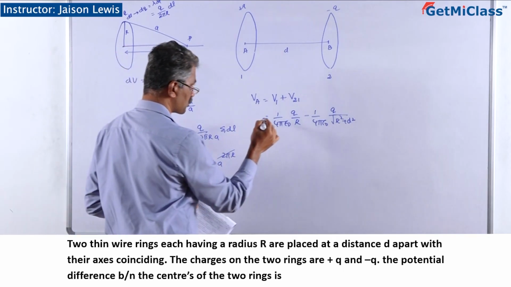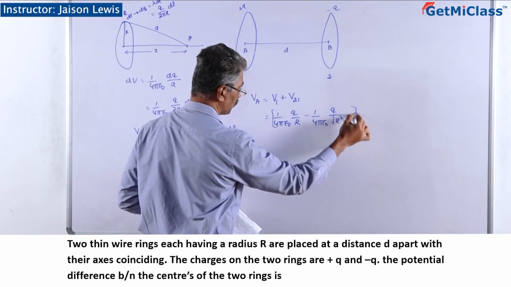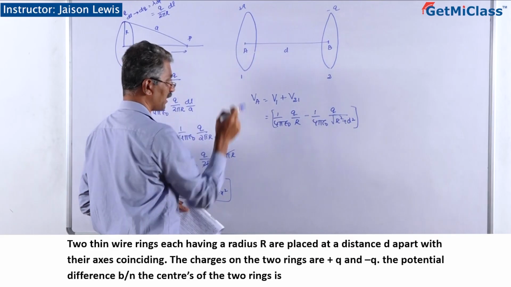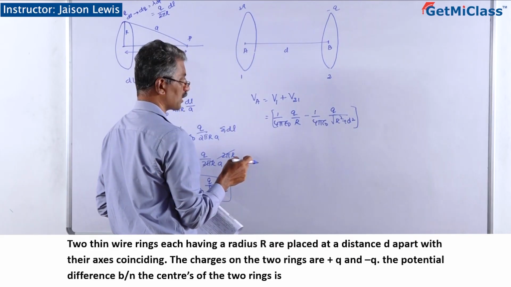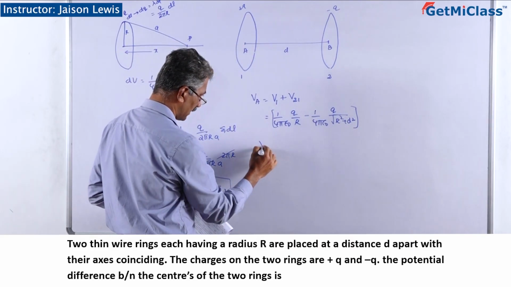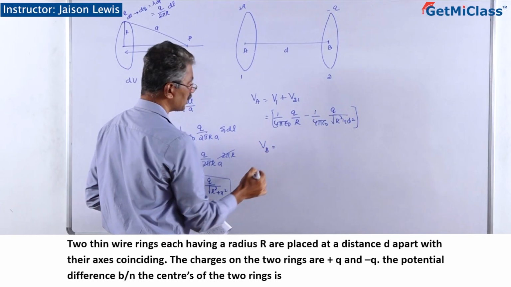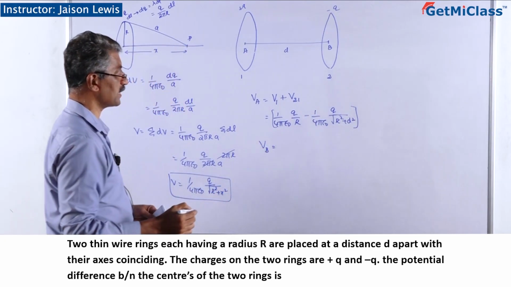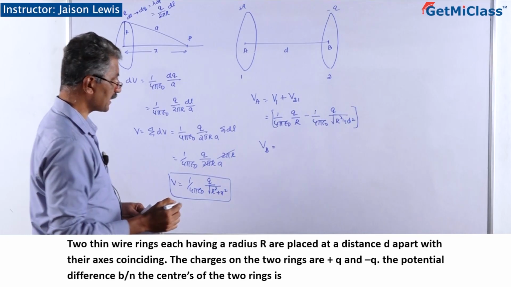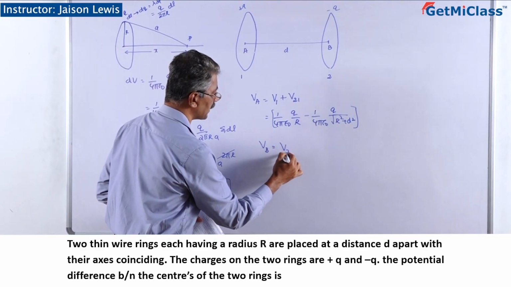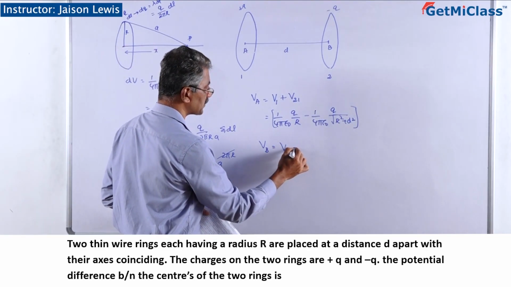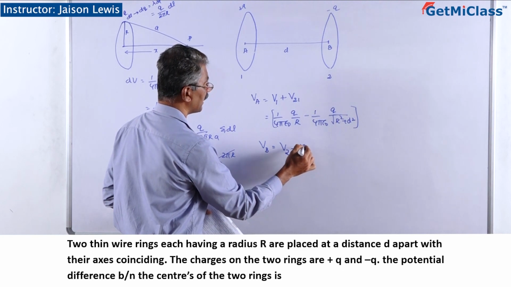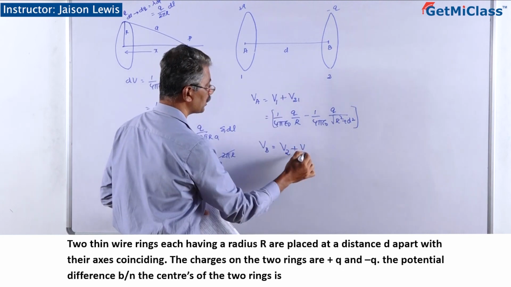And this is the potential due to the two rings at the center of the first ring, that is at A. Similarly, the potential due to the two rings at the center B is the potential due to the second ring alone plus the potential at the center of 2 due to 1.